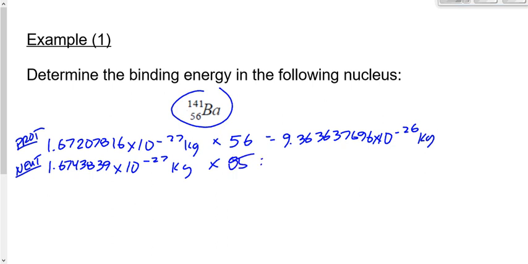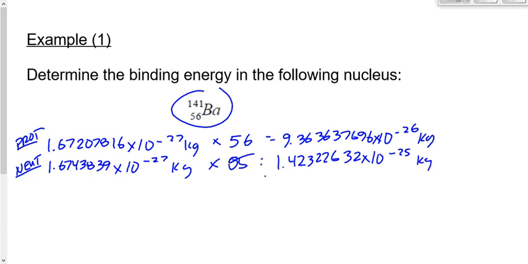So if we take that number, 1.6743839 times 10 to the minus 27 times 85, that gives me 1.423222632 times 10 to the minus 25 kilograms.